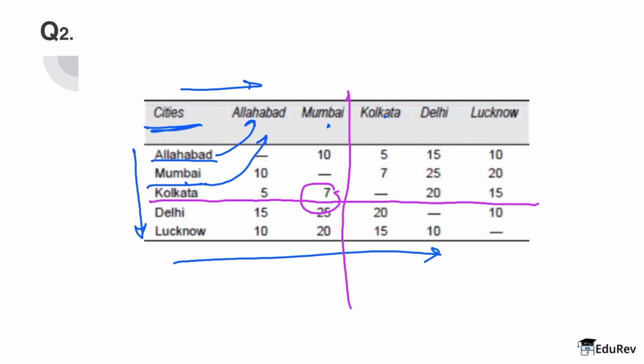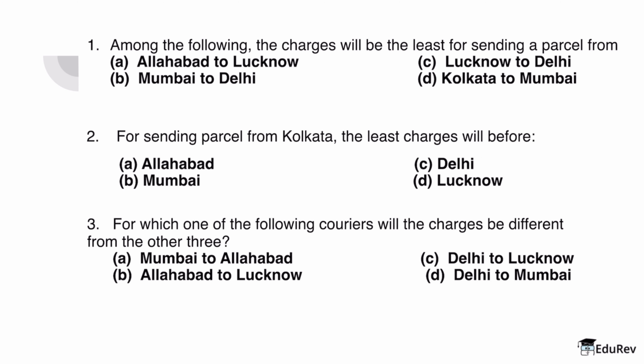Correct. Here there was Kolkata to Allahabad, but that wasn't an option. So it's going to be Kolkata to Mumbai. Simple.